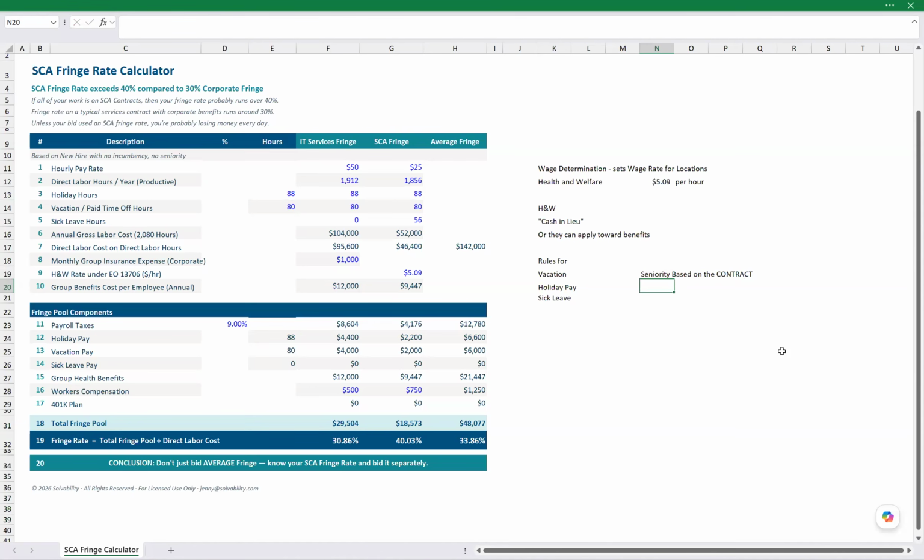That's to ensure that the employee receives a fair amount of SCA vacation, regardless of which contractor has held that contract over the course of time.